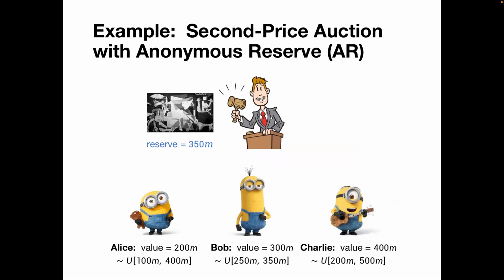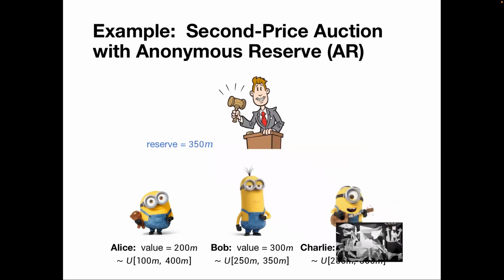Then the artwork again will go to Charlie, and his payment now becomes the reserve price, 350 million. Why? Because now Charlie is the only person whose value is higher than the reserve. So he will definitely win, and his payment is exactly the reserve price.